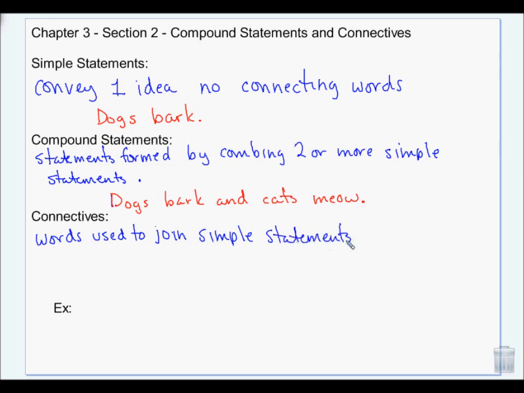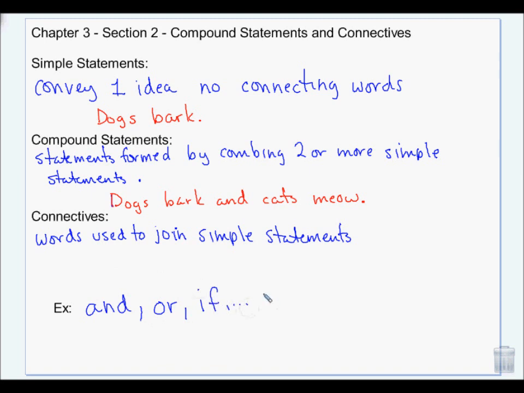Okay, connectives are words that are used to join simple statements. Also, in English, you've called them conjunctions. Everybody remember Schoolhouse Rock? Singing conjunction junction. Okay. So, examples of the ones we use in math: we use and, we use or, we use if, then.